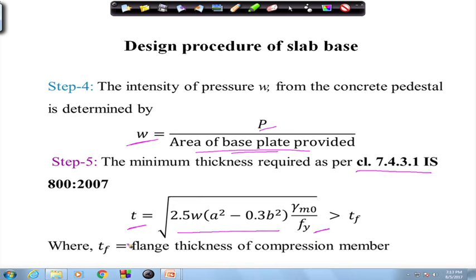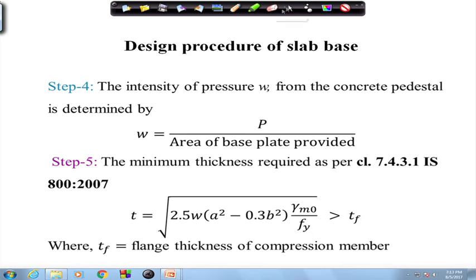This has to be greater than the flange thickness of the compression member; otherwise we take at least the flange thickness of the compression member. This is how we find the length, width and thickness of the base plate.